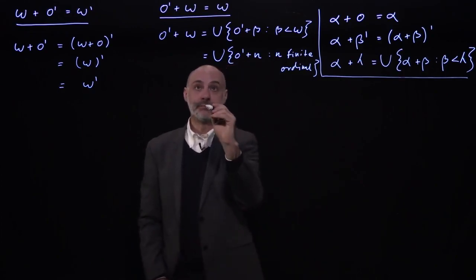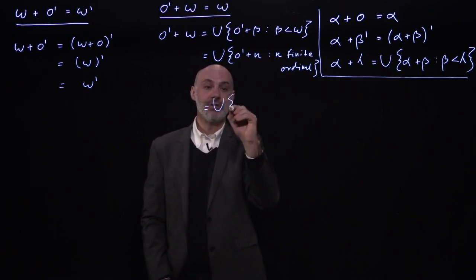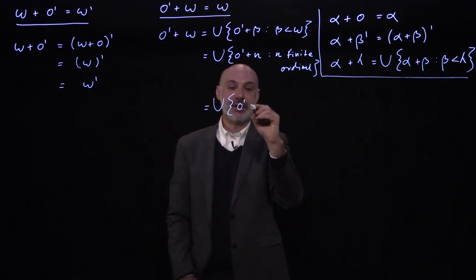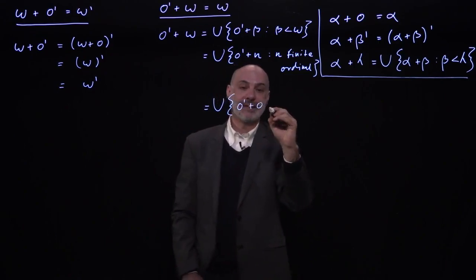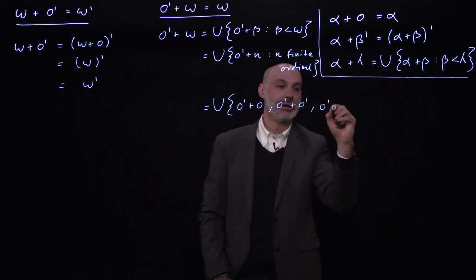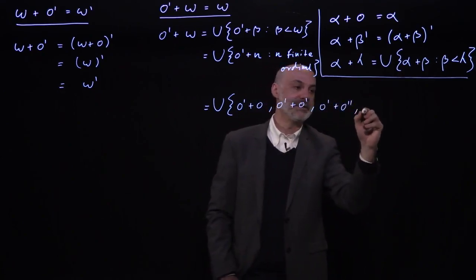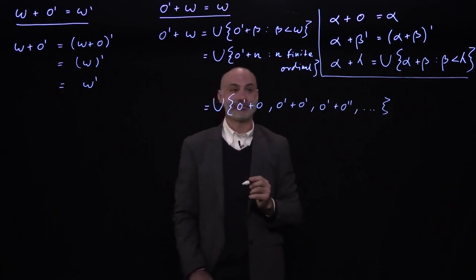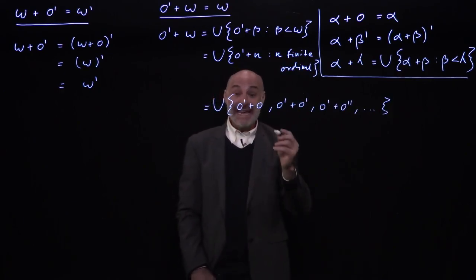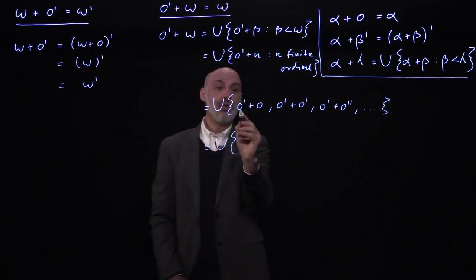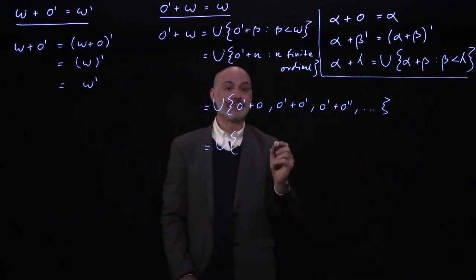In other words, the union of the set whose elements are 1 plus 0, 1 plus 1, 1 plus 2, and so forth. So let's now see who each of these is.